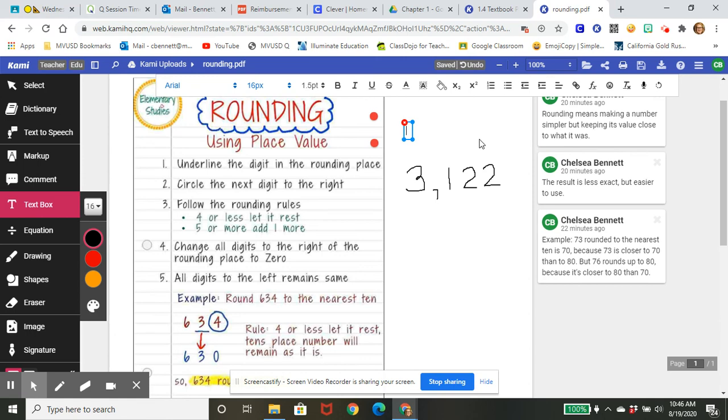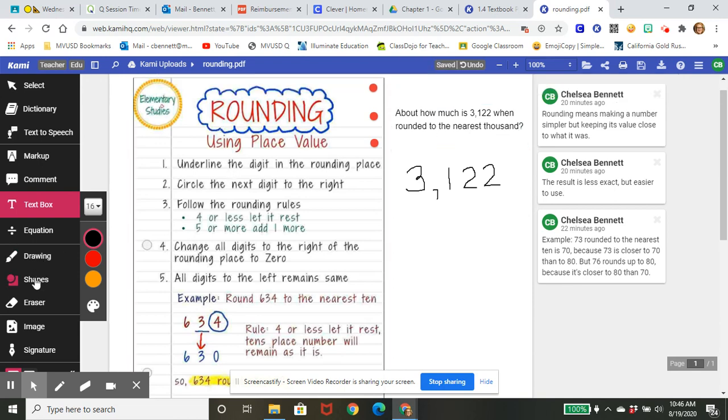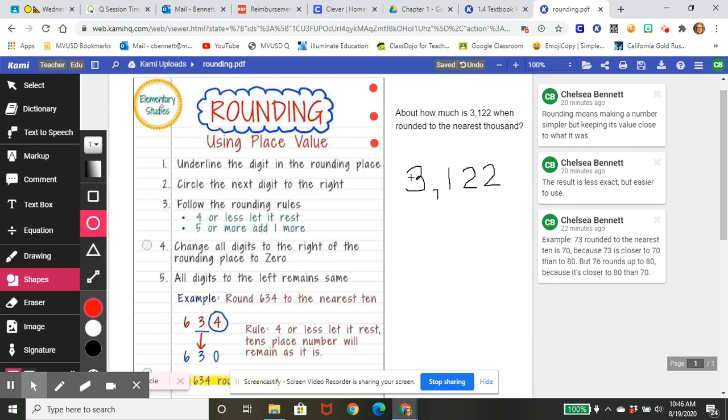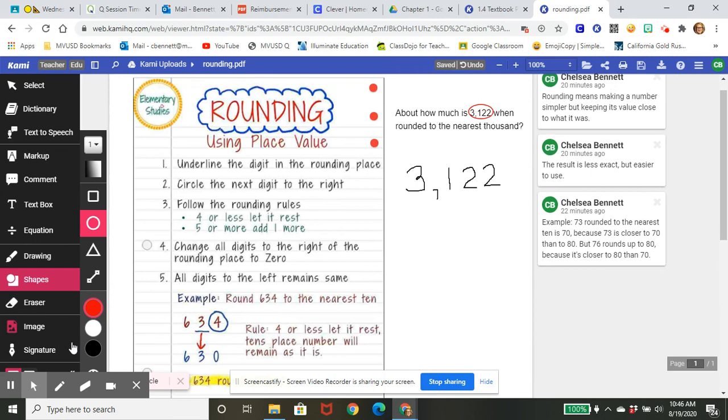About how much is 3,122 when rounded to the nearest thousand? Remember, let's circle our number. It's 3,122. And the question is when it's rounded to the nearest thousand.